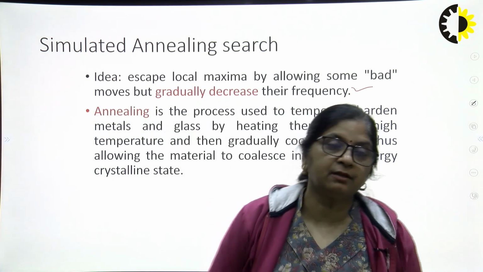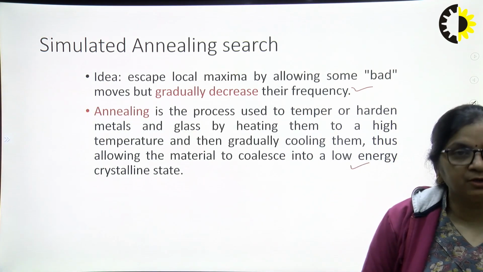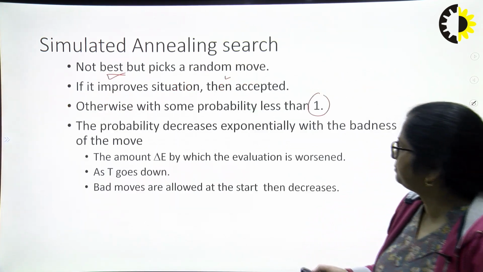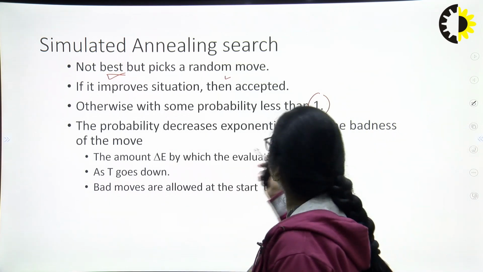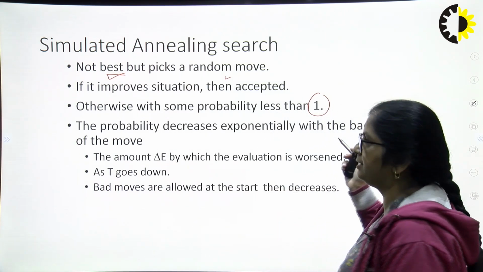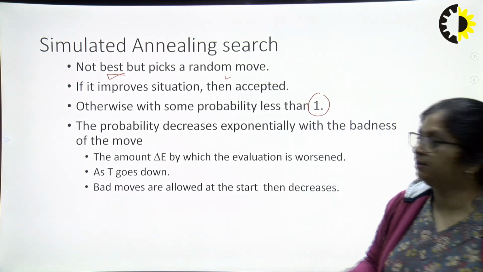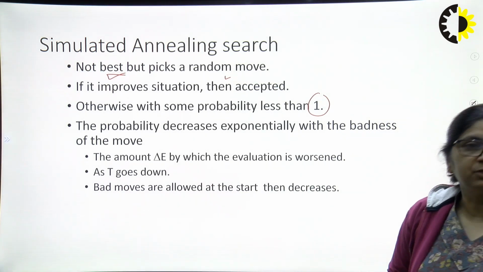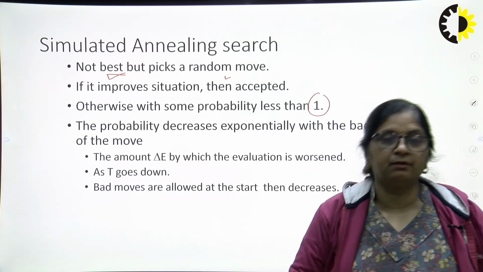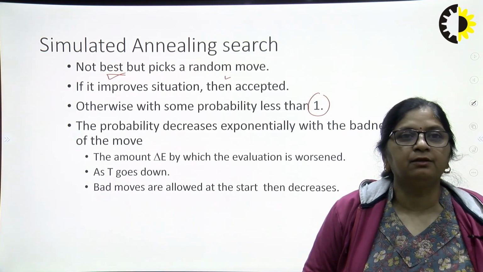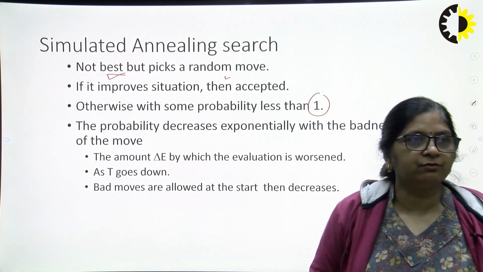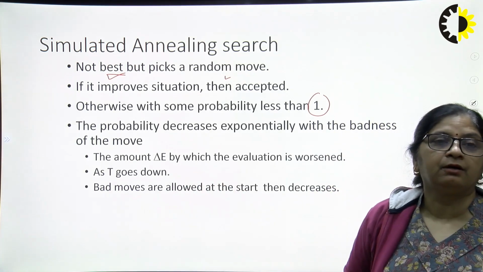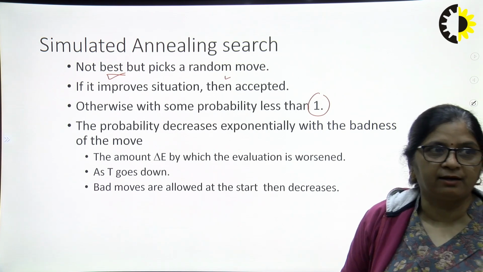So how is this gradual decrease happening? It is exponentially decreasing based on that badness. The amount delta E by which the evaluation is worsened is the difference between the current state and the bad move that we are taking, as the change in energy.